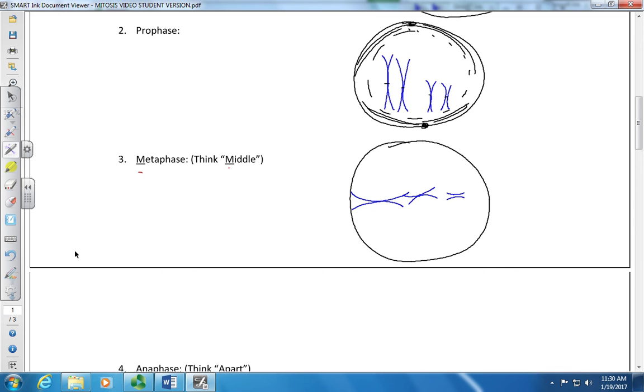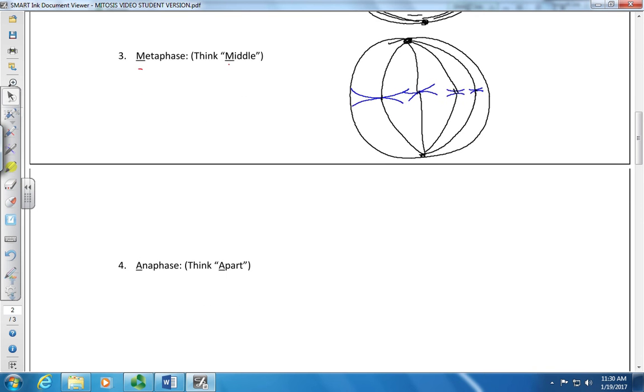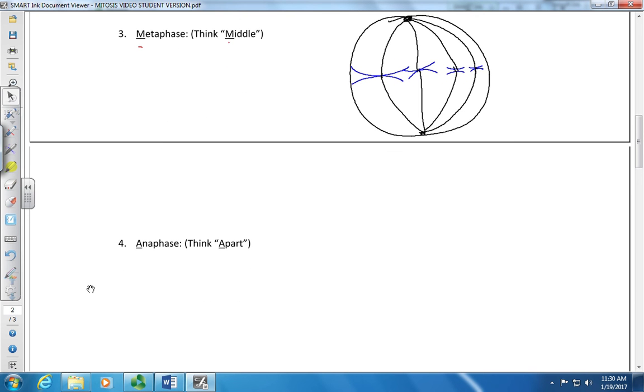They're going to line up in a straight line. And the spindle fibers are going to come down, and they are going to grab these sister chromatids right at the telomere. And once that happens, the cell is going to move into anaphase.